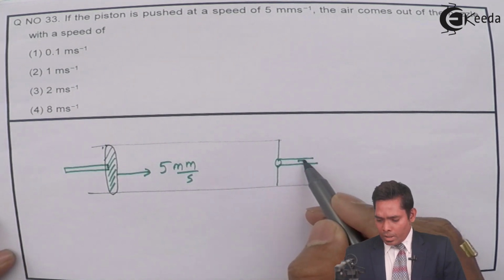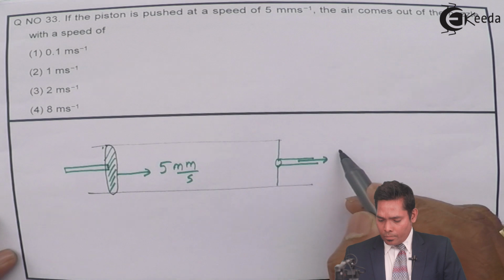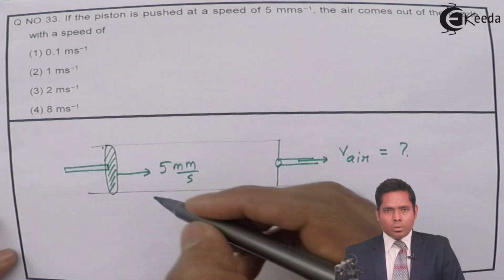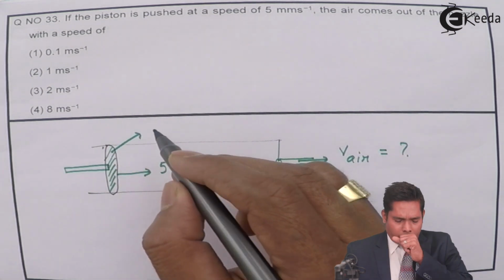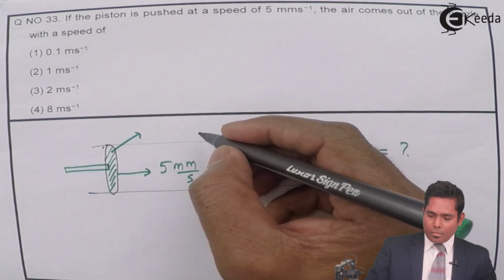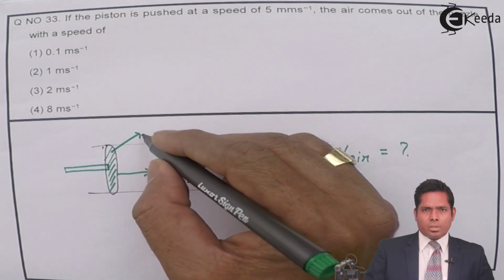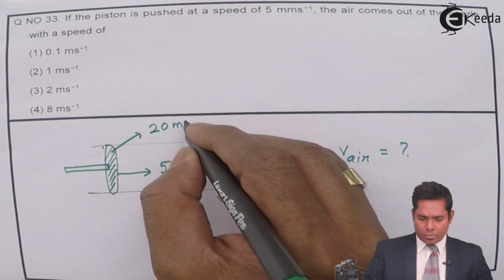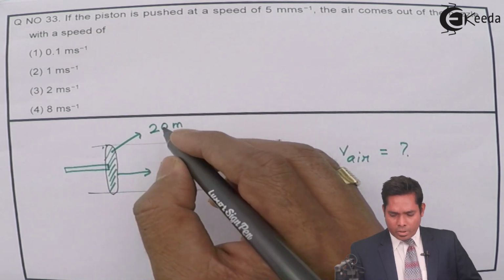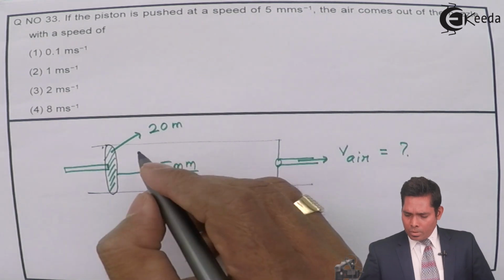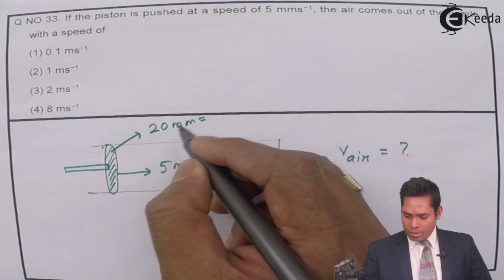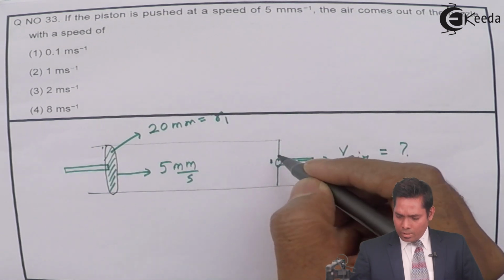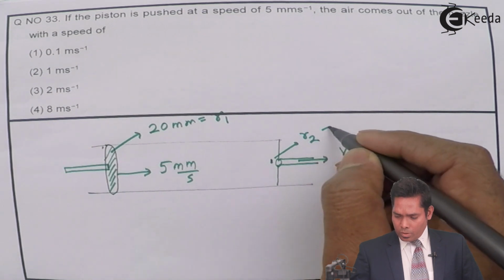Then from this side the speed of air is to be found. The radius of the piston is 20 mm, say R1, and this radius is R2.